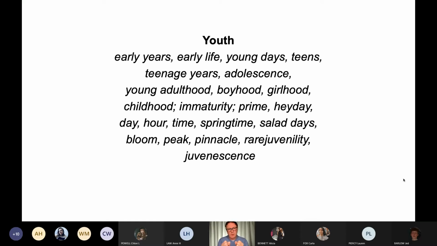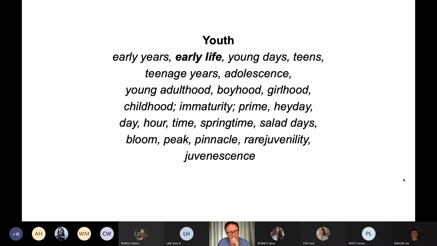So in many ways, we're just looking at different ways of saying the same thing, whether it's childhood, immaturity, teens, adolescence, early life, early years. These all mean youth, yeah? So let's say we get it all down there, and then we highlight just one of them, say early life.